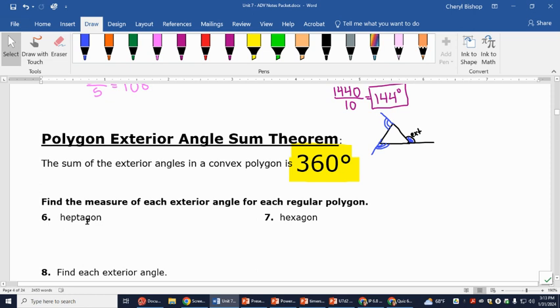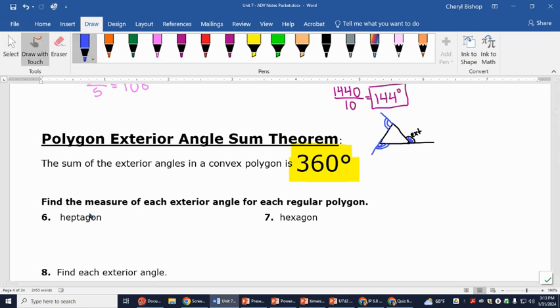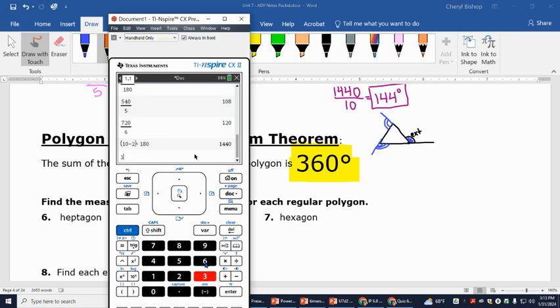So if I look at a heptagon, and that's a 7-sided figure, I know all 7 of those angles are going to add up to 360. So to find out what each one is in a regular polygon, I'm going to divide this by 7. So if I come back to get my calculator and I do 360 divided by 7, I get a fraction.